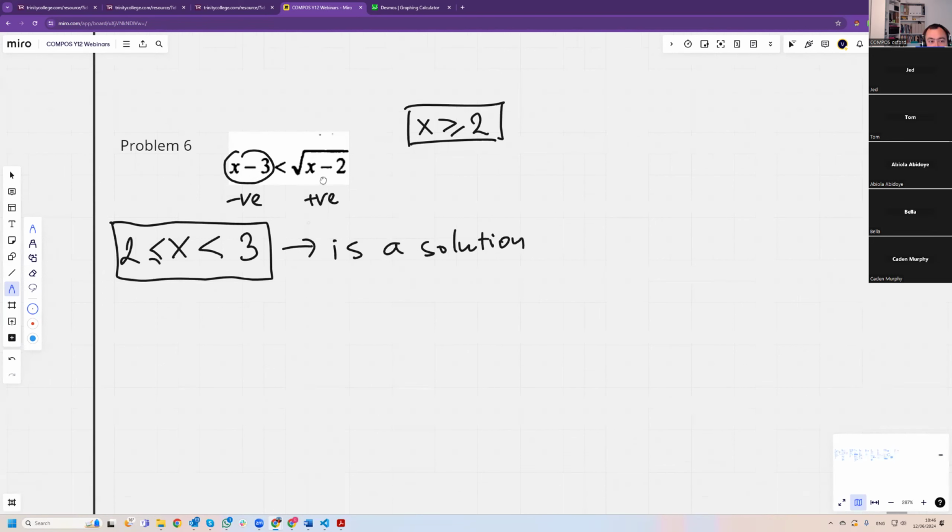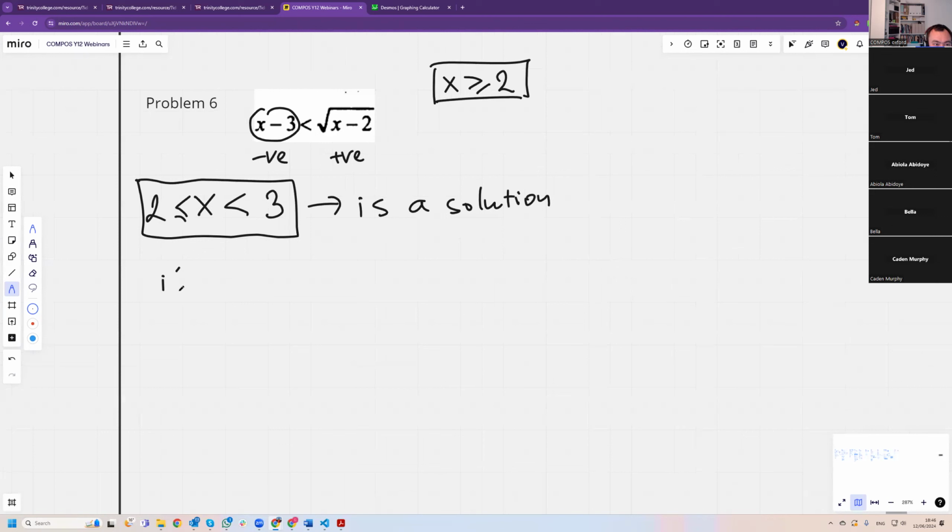Now, we can consider if x is equal to 3, what happens?